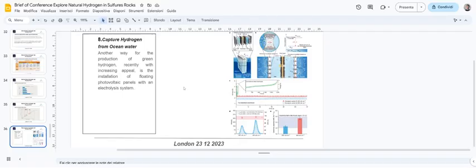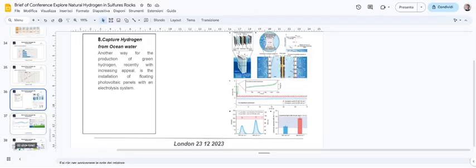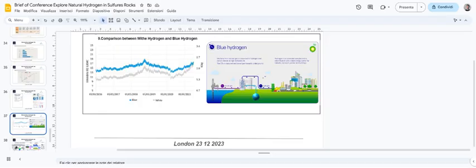Capture hydrogen from water, from ocean water. Another way for the production of green hydrogen, recently with increased appeal, is the installation of floating photovoltaic panels with the electrolysis system. There is also a comparison between white hydrogen and blue hydrogen; there was an initial gap about 7 years ago that is now filled.